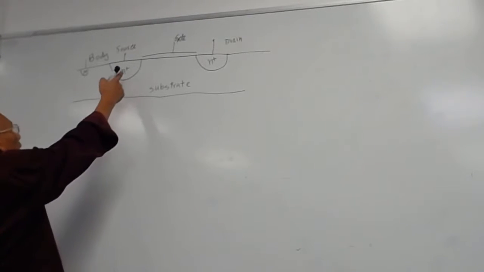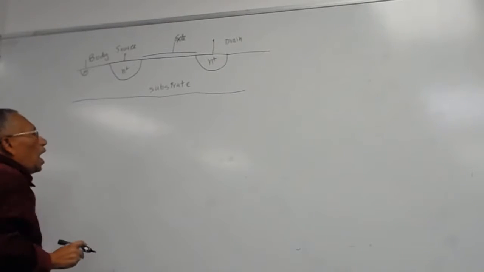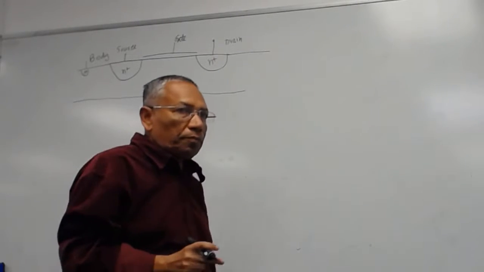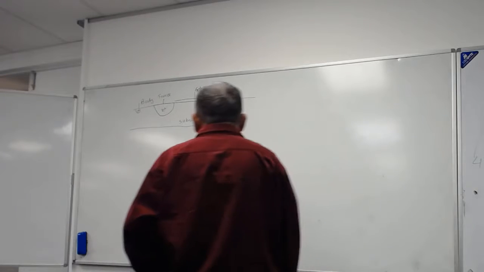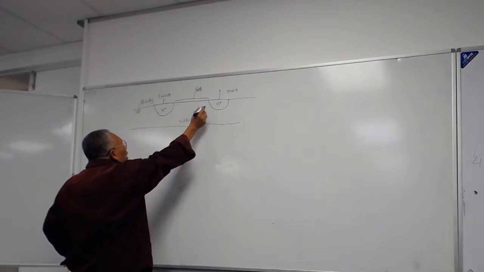The same thing, I just draw it up to leave enough space in the bottom. So what actually happens is that you have N-type here, and you have N-type here, and you have P-type. So you actually have an NPN region. This is the N region, this is the P region, and N region.